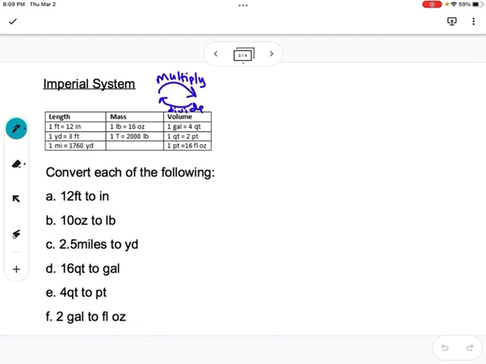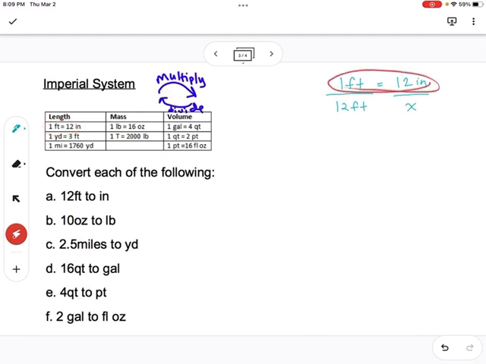If we were to set up a ratio, 1 foot equals 12 inches, and we want to go to 12 feet. So we want to find out how many inches that is. If you were setting up your ratio, you need the ones that match. So 1 foot equals 12 inches.